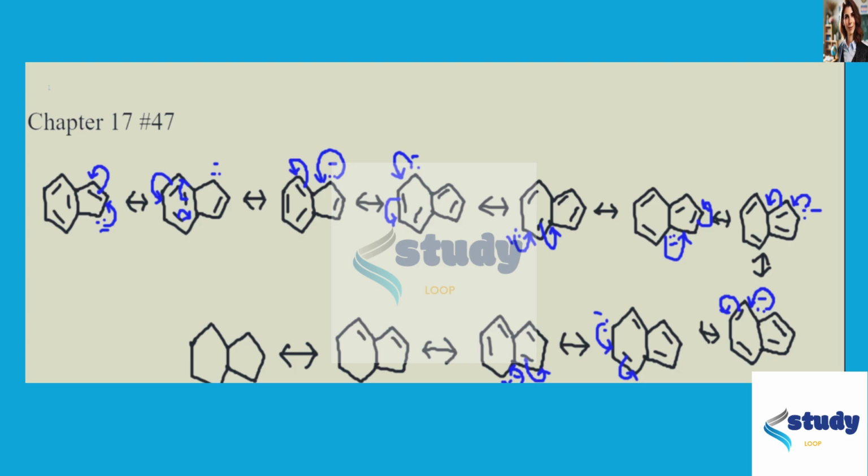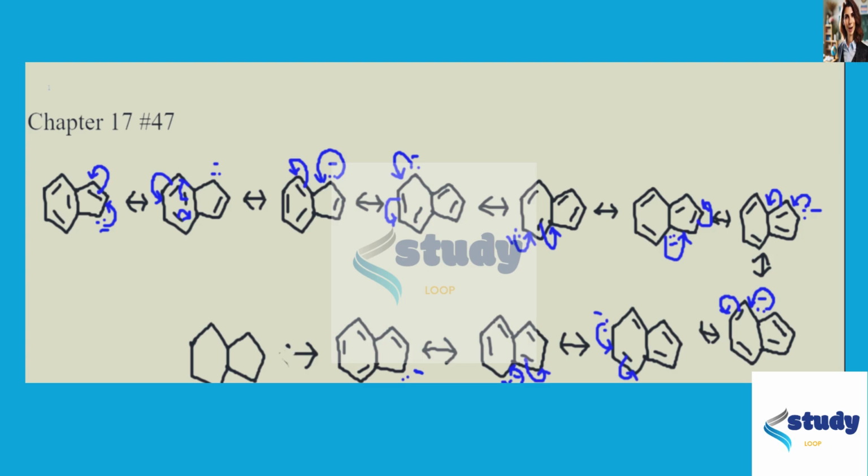Okay. So now we have this, and our lone pair is back to where it started. But all the bonds in the left ring, the six-membered ring, have been shifted around.